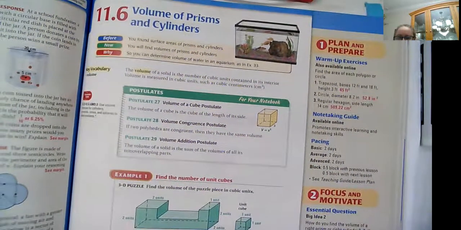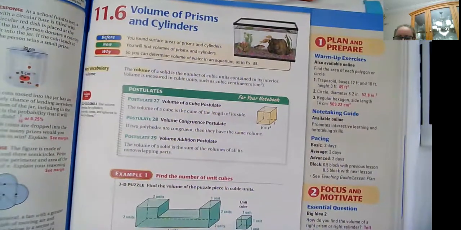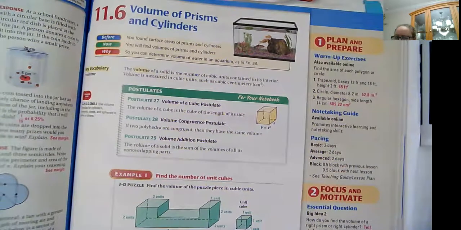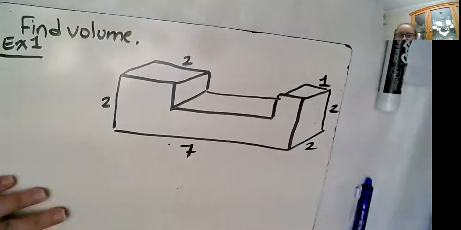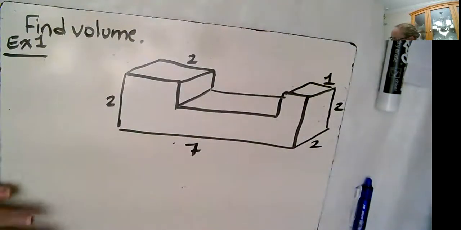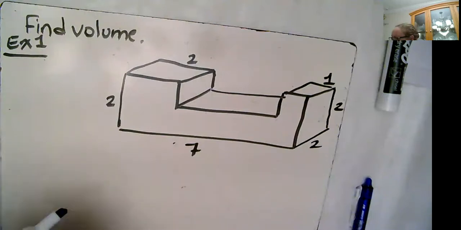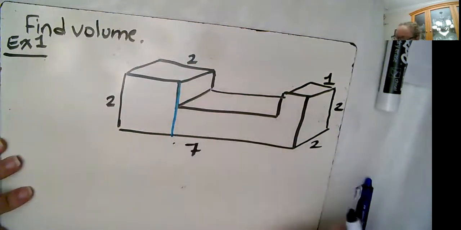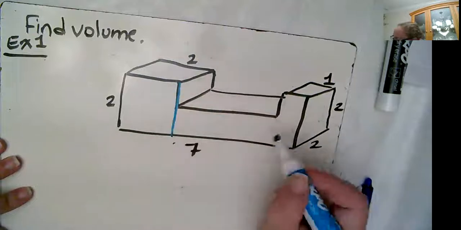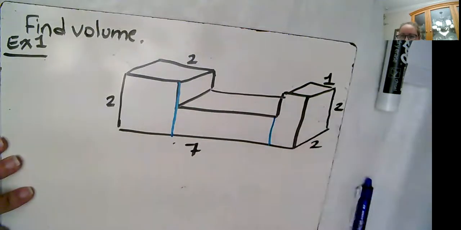So we have example 1, it's a 3D puzzle, and it wants us to find the volume of the puzzle piece in cubic units. So I drew it out right here, not that great, but same thing. We're going to break it up into pieces. I'm going to focus on that box, then the middle box, and then this end box.